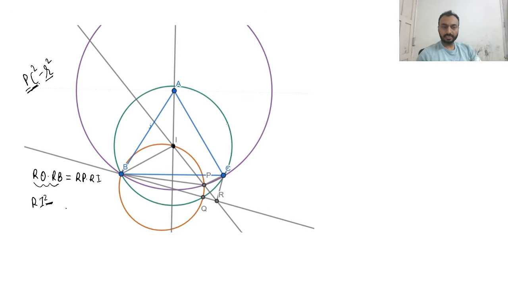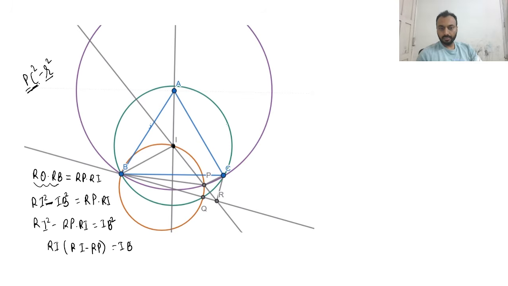Can I write the radius as IB? So RI square minus IB square is RP into RI. Now if we rearrange the terms, pick the RP into RI term to the left side and IB square to the right side, we get this. Now if we take RI common, it is RI minus RP is equal to IB square.